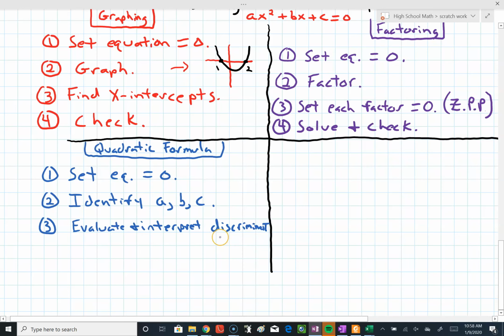It's two N's. Discriminant. Recall that the discriminant is the underneath part, the radicand of the quadratic formula. It's the b squared minus 4ac portion.